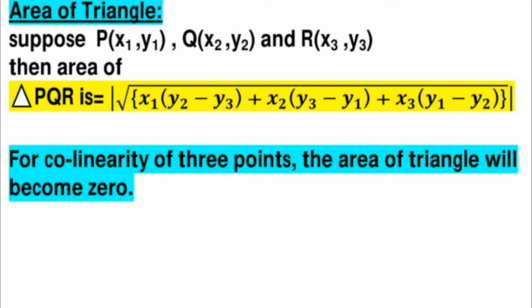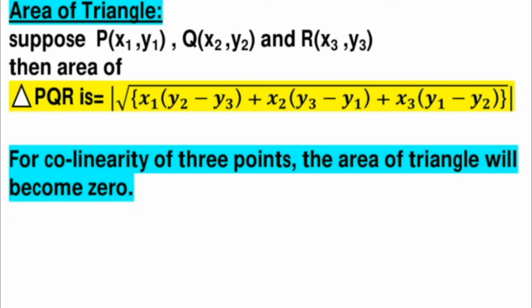Now how to remember this formula? Look, you are given the coordinates of these 3 points P, Q, R as x1, y1, x2, y2, x3, y3. So remember, we have to multiply the x coordinate with the difference of the y coordinates of the other 2 points. That is, if we choose the first point, then we have to multiply x1 with the difference of y coordinates of the other 2 points.